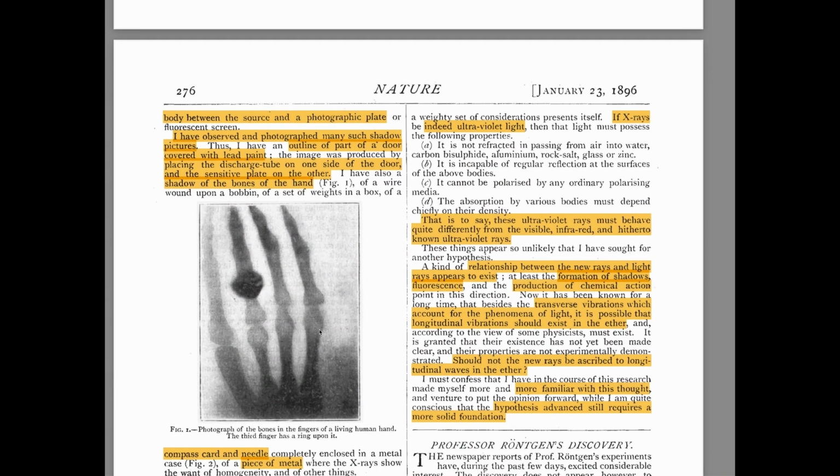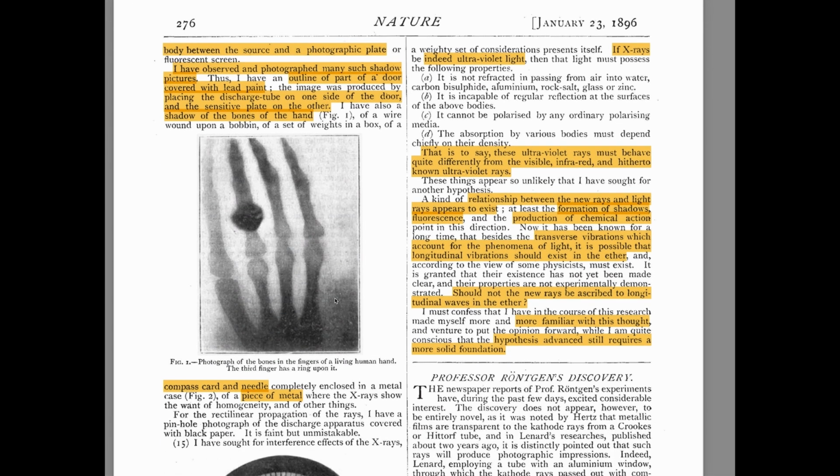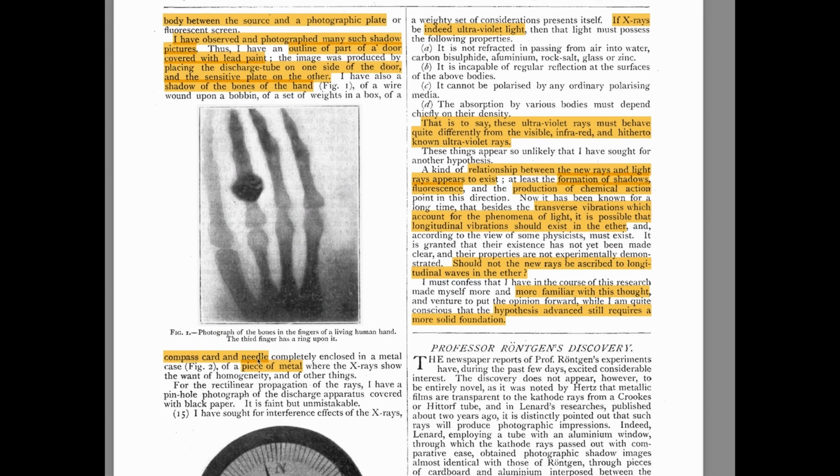This picture here. He placed the discharge tube on one side of the hand and the photograph plate on the other, and then he lists other objects such as the compass, card, and needle or a piece of metal, and other objects that he also obtained the photographs of using X-rays to justify that X-rays is a type of ray.